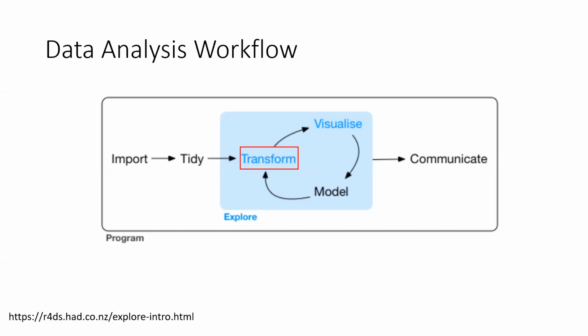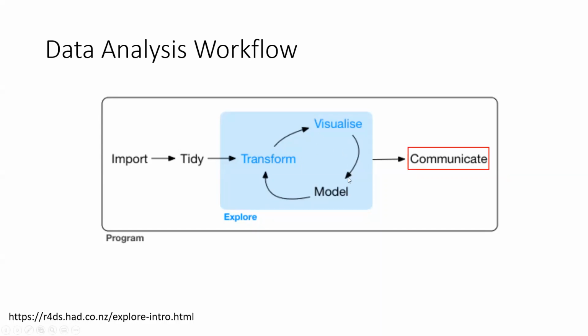And probably the main way we're going to do that is by visualizing it. So this is where you actually create summary plots and in some cases summary tables in order to communicate that data. So that's the typical workflow that we go through when we're analyzing data.